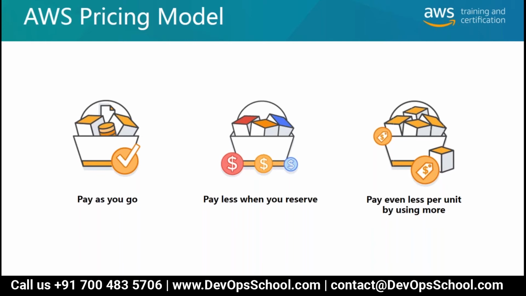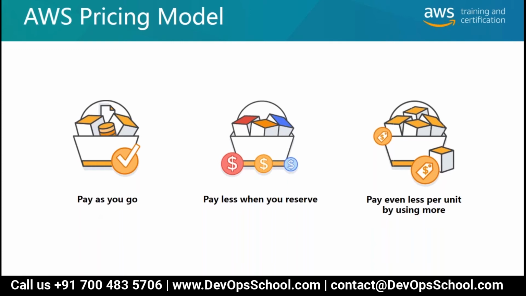We have it in EC2. If you reserve it, you get a very good amount of discount, and you are billed on the amount of time you reserve it for. Maybe you are reserving for a year or more than that. So you have this pay less when you reserve, and even less pay per unit by using more.